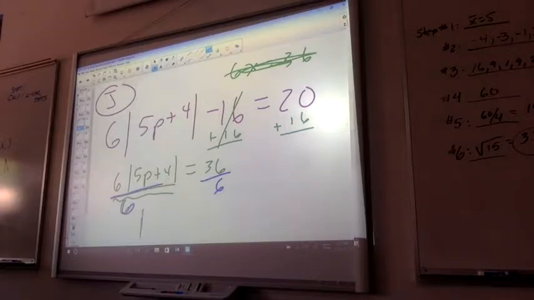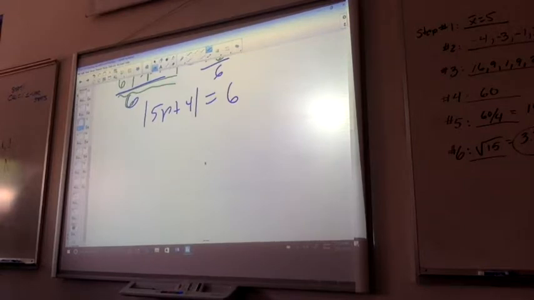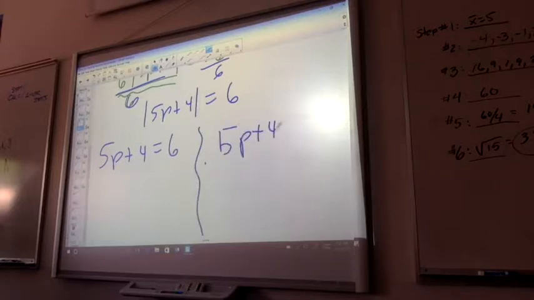And then I get the absolute value of 5p plus 4 equals 6. So I still have an absolute value sign, correct? How many problems get created when I break it apart? 2, good. One looks just like it. For the other one, I take the less complex side and make it negative.